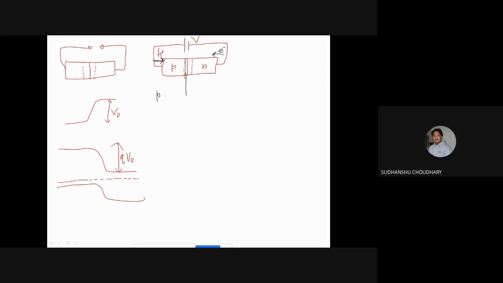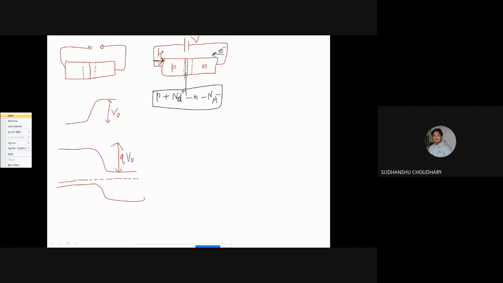That is, p plus Nd plus is equal to, if I bring it over here, n minus plus Na minus. So this space charge neutrality principle should be applicable across the entire device also.